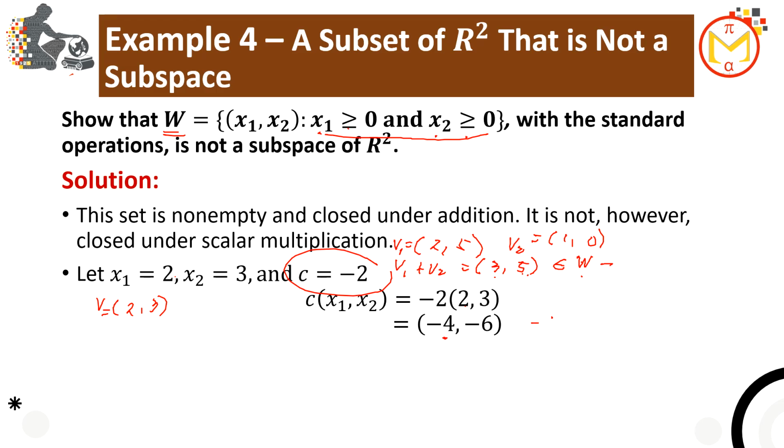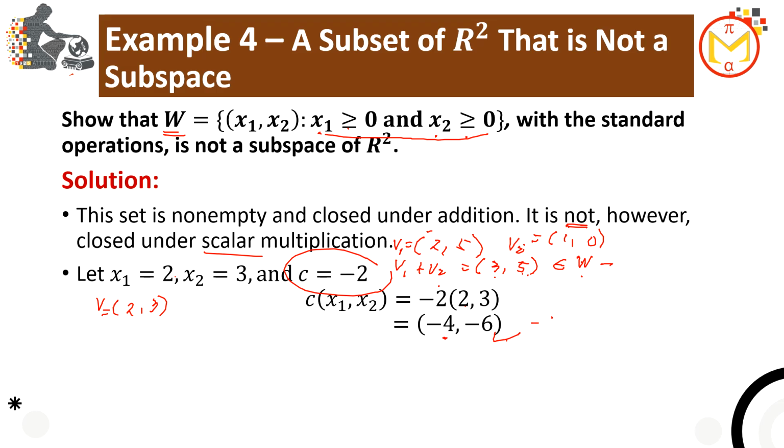By definition, c is any real number, so we can use negative numbers, and we can use 0. So when we do scalar multiplication, this happens. It is not closed under scalar multiplication, but it is closed under addition.